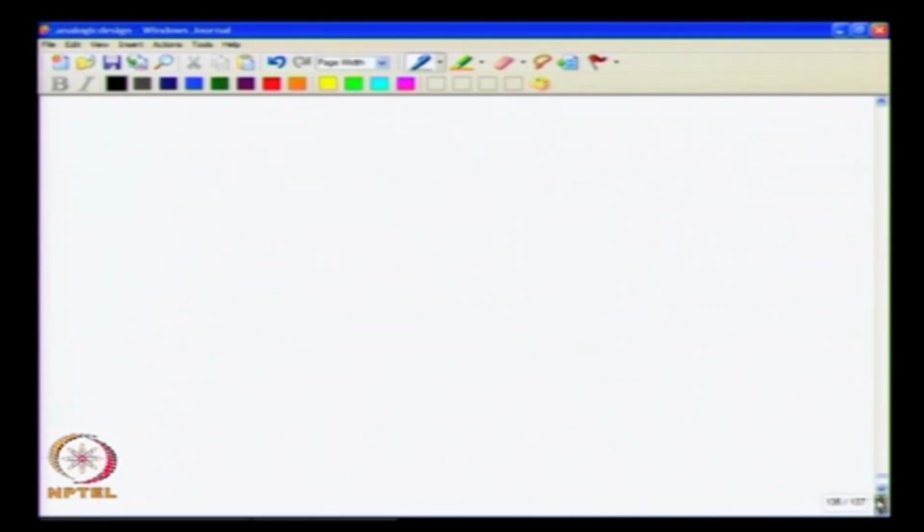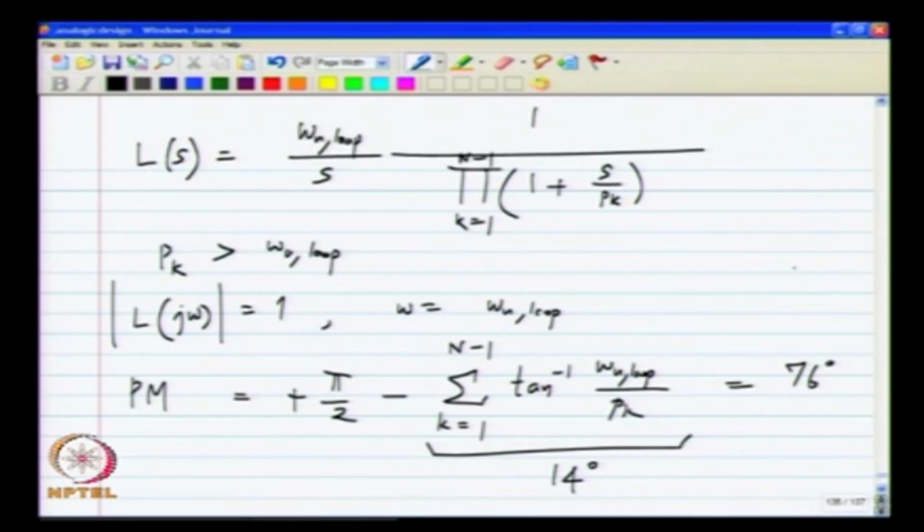Similarly, the phase margin criterion is not absolute, so this could be more than 60 degrees. Whatever it is, when you have a number of extra poles, all the poles have to be well beyond the unity loop gain frequency, so that either the phase margin is more than 60 degrees or the excess delay is less than half of 1 over omega u loop.